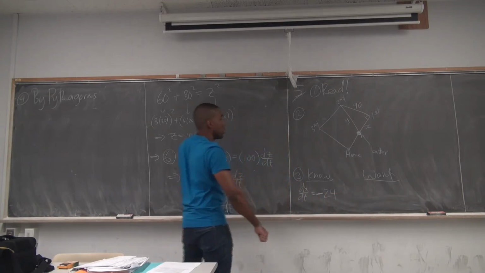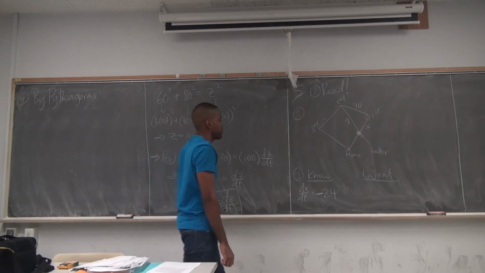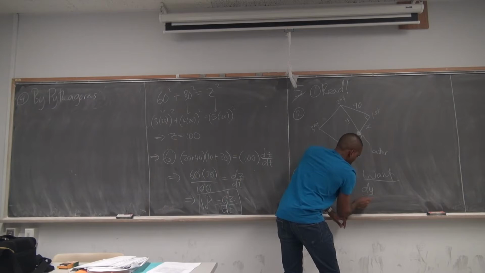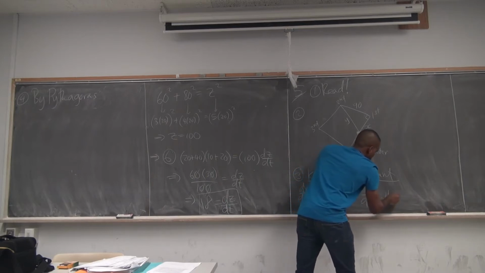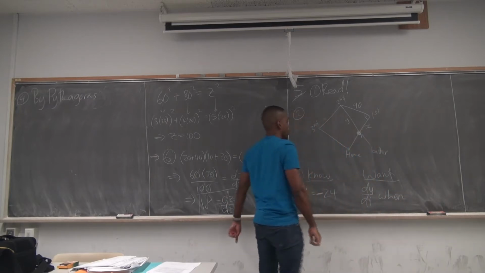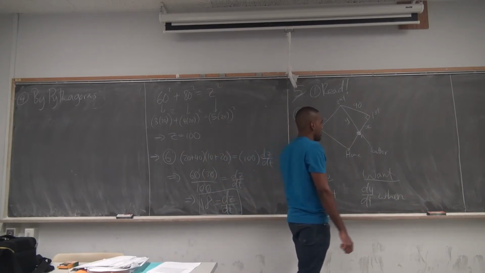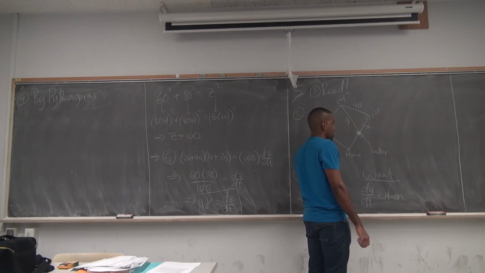Okay. Now, what do we want? dy dt. When do we want it? Now. When the batter is halfway to first base, how do I describe that situation? Half of 90. What's a half of 90? 45.